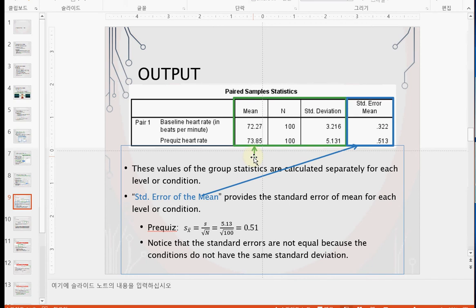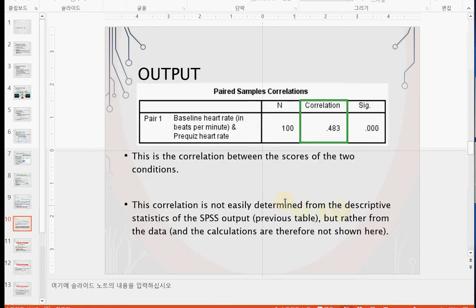We're going to see whether the difference between these two numbers is significant, essentially whether the pre-quiz heart rate is greater than the baseline of 72.27. Then there are the sample size, standard deviation, and standard error of the mean. You also see the correlation of those two measurements. It's not surprising that those two measurements are correlated, because they came from the same individual.